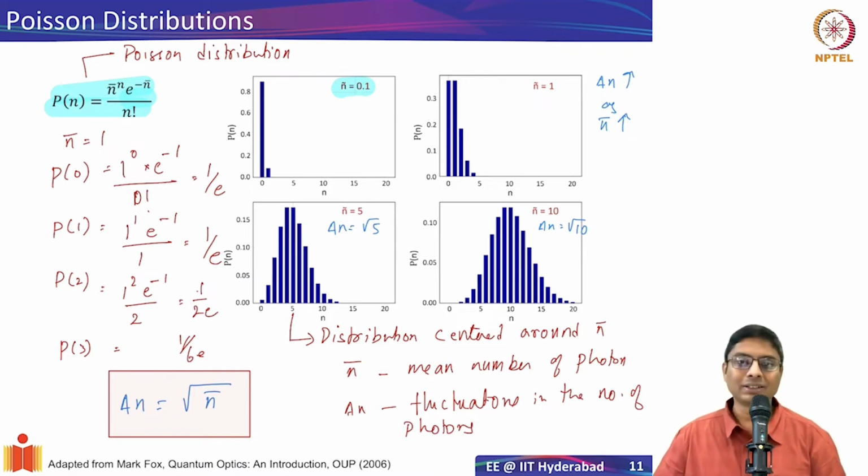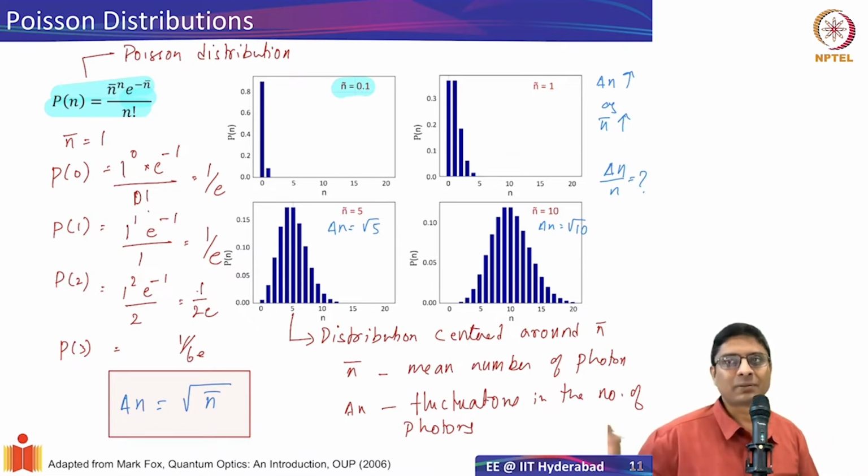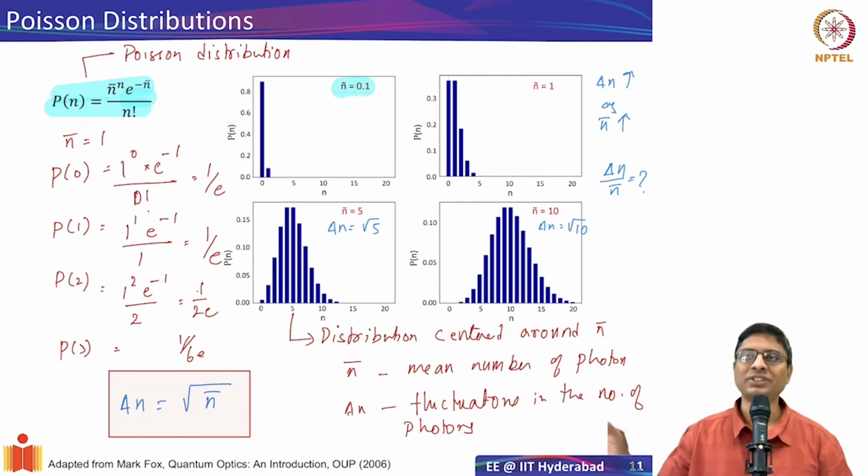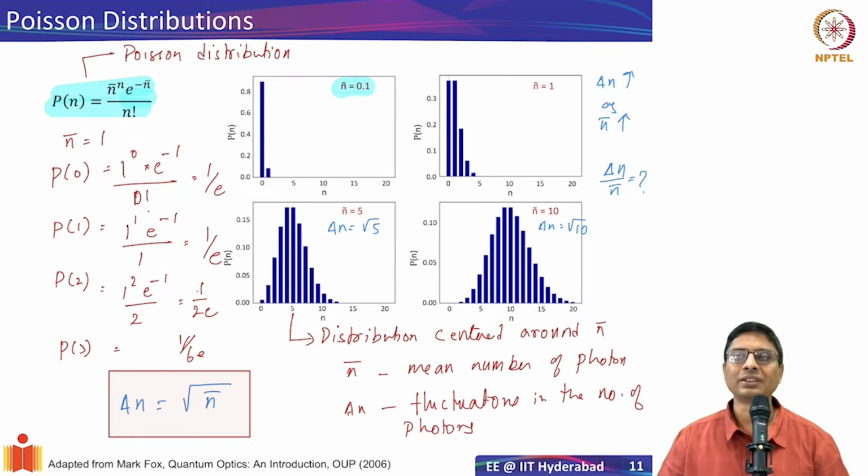But there is another thing we can consider, which I'll call relative fluctuations. That means delta n by n bar, the fluctuation relative to the mean number of photons. It's not enough just to talk of the absolute fluctuations in the number of photons, but also relative to the mean number is what is interesting, right?